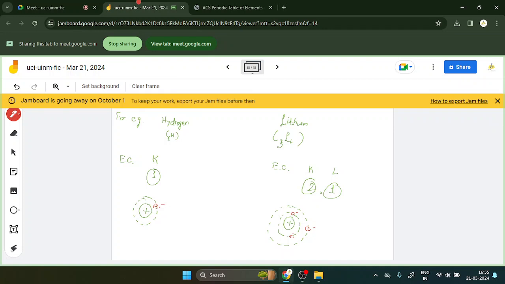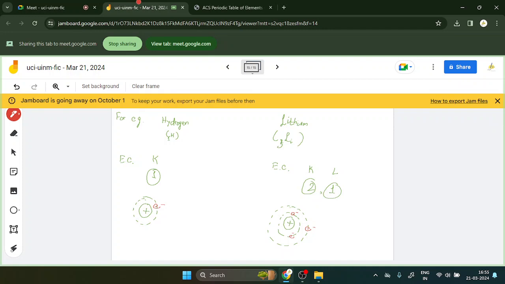Okay, this is it for today. We have discussed a lot so far. In the next class, we will discuss metallic character, what happens to the metallic and non-metallic character, and chemical reactivity of certain elements, ionization energy and all of that.